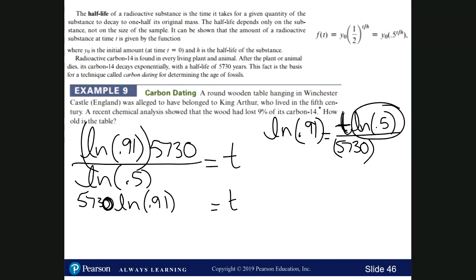When you enter it on the calculator, it might help if you put that in parentheses, then divide it by the natural log of 0.5. And so that will give you the answer. So I'm going to put that on my calculator.